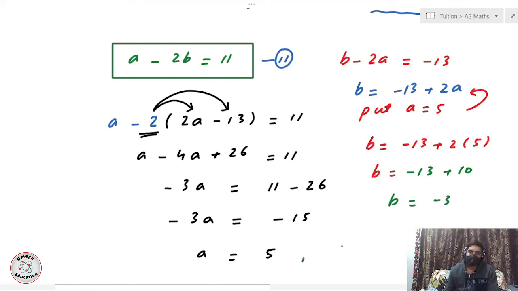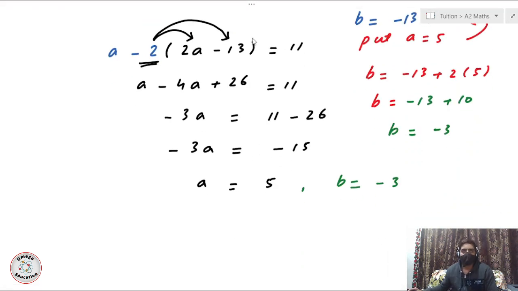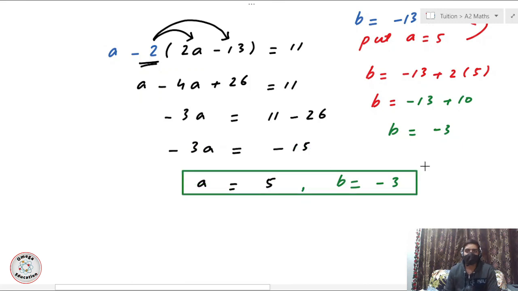So a equals plus 5, b equals negative 3 is the answer, because eventually we had to find the value of these two constants which satisfy the two conditions that were given at the start of the question.